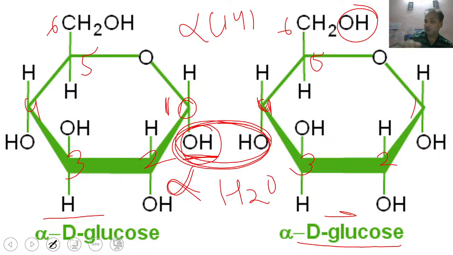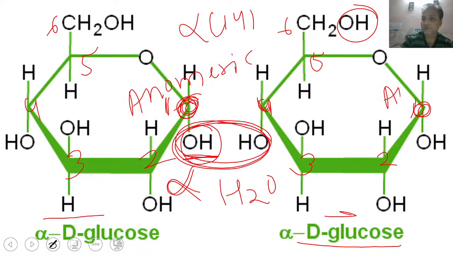Now you can say in this case this is the anomeric carbon, this is an anomeric carbon and this is the anomeric carbon, but the bond is going to form between this 1 and 4. So one of the anomeric carbons is still free. So when any anomeric carbon is still free in the whole disaccharide, it means this disaccharide is a reducing sugar.